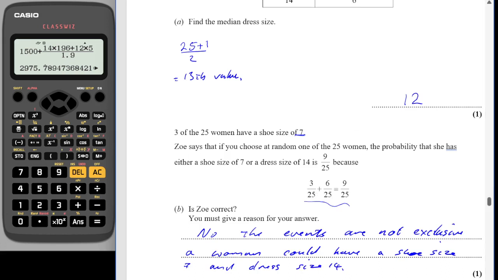So in effect, if we carried this on, if we knew how many were in the intersection, we could then subtract the intersection, but we don't, so we can't just follow that as a process.